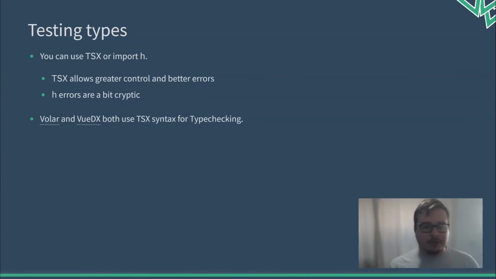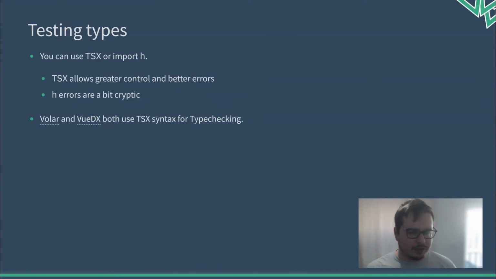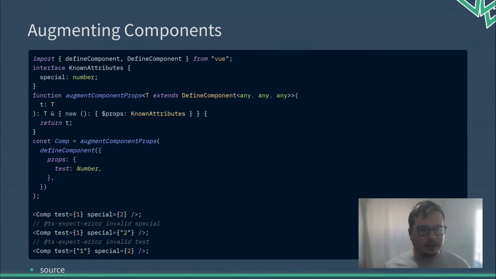Using H, you can get errors, but they are a bit more cryptic. You don't really understand because the overloads are not easy to debug. So if there is an error in the types, it's going to be much trickier to find out what's causing it.